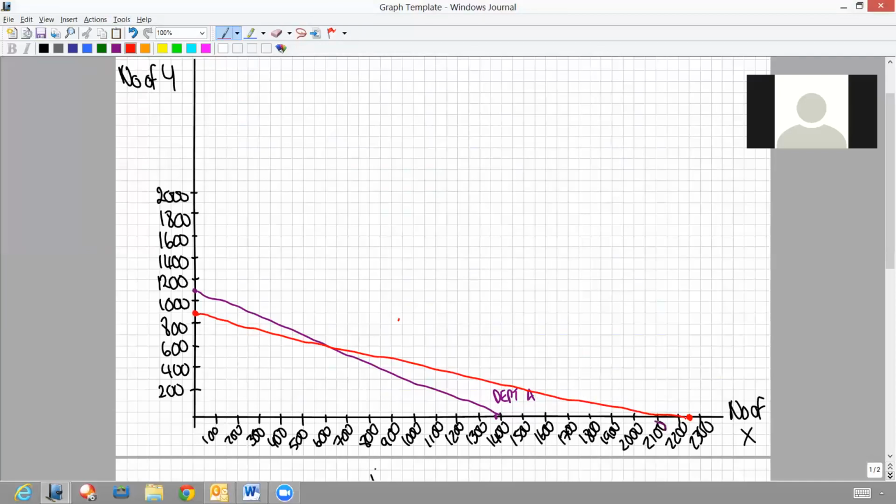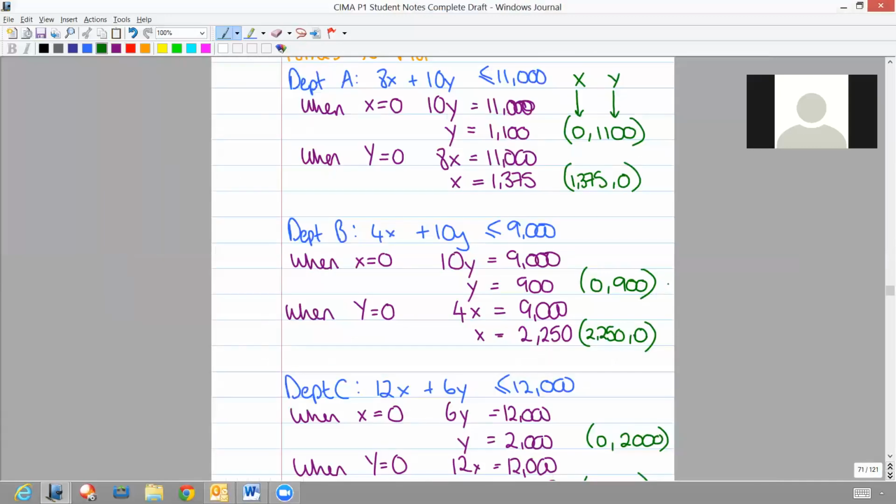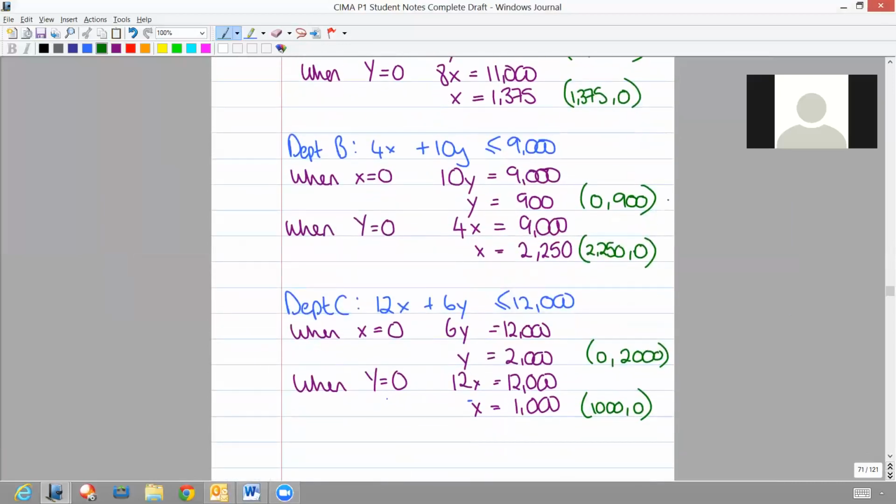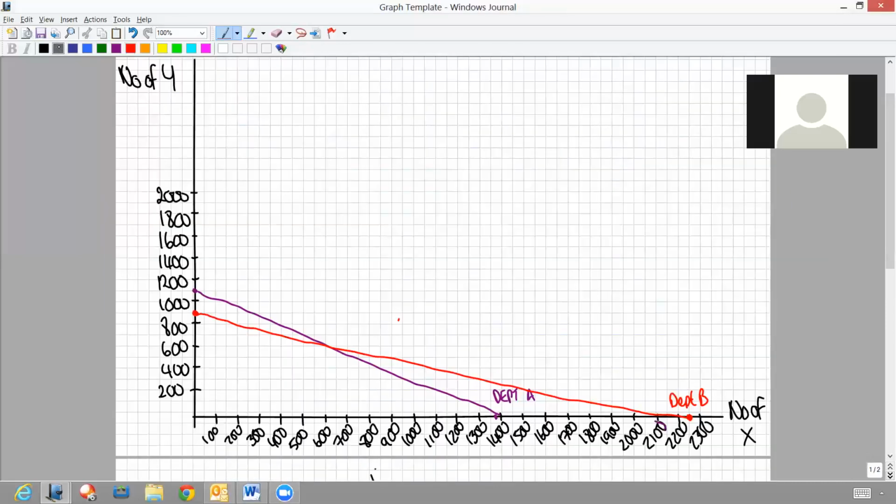She says. Okay, so this is going to be Department B. And then finally, Department C, we've got 2000 and 1000. So 2000 here, 1000. So taking that down to there.